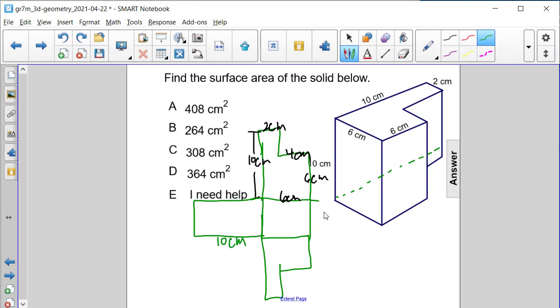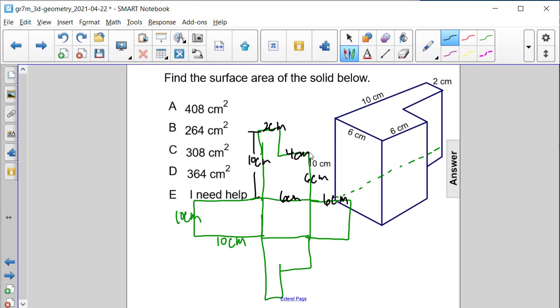And now what's the height of the prism? The height of the prism is 10 centimeters. So clearly this height isn't necessarily drawn to scale. Okay, and then if we go this way, this side's going to match up with 6 centimeters from this side.